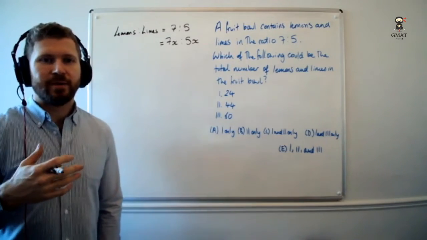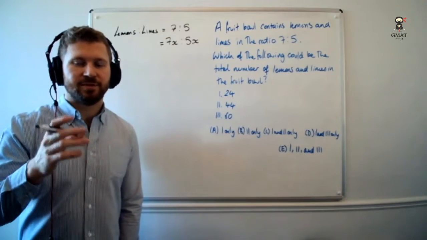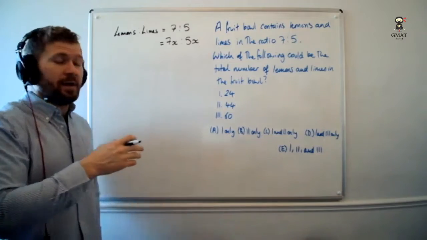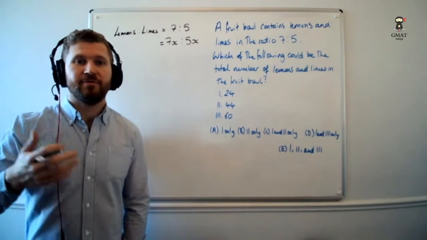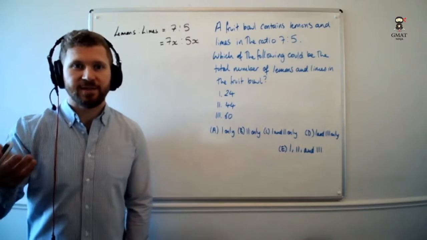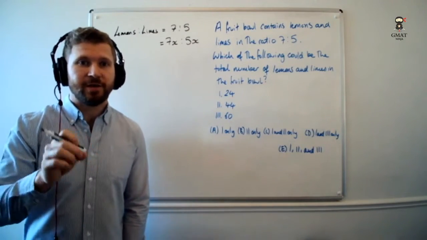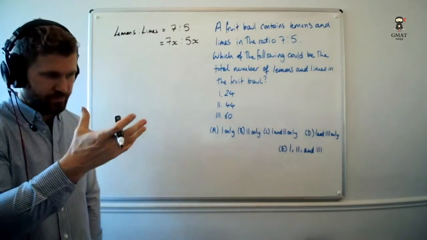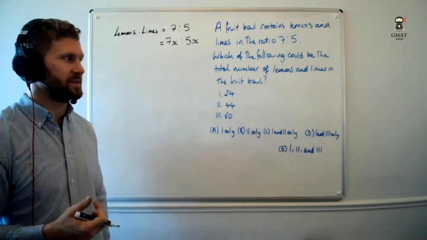But now, rather than representing the ratio of lemons to limes in the fruit bowl, this represents the ratio of the actual number of lemons and limes in there. If I knew what x was, then I'd be able to tell you the exact number. For example, if x was 3, this would be 21 to 15. The ratio would still cancel to 7:5, but I would know the actual number of fruit in the bowl. And that piece of information is going to become very useful later on.